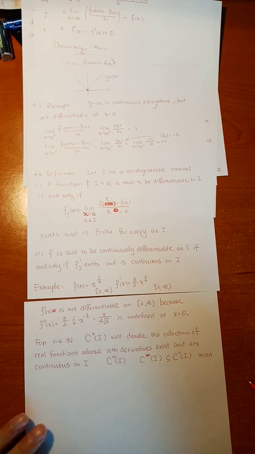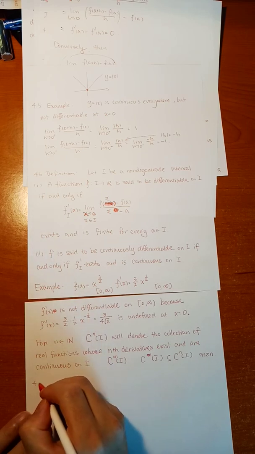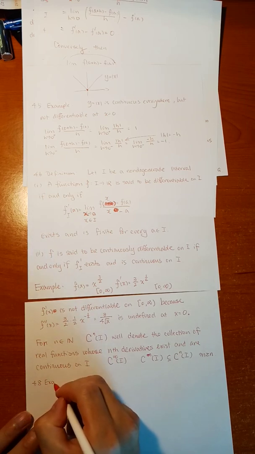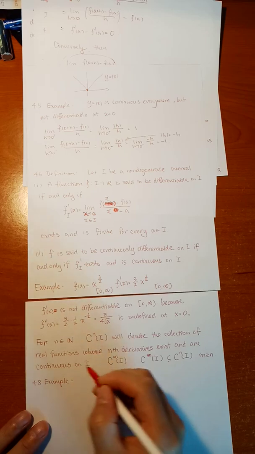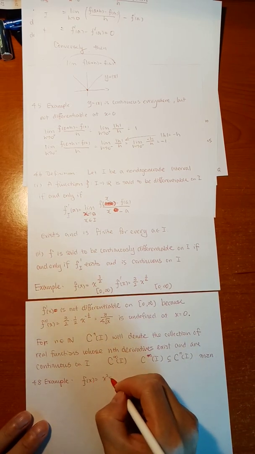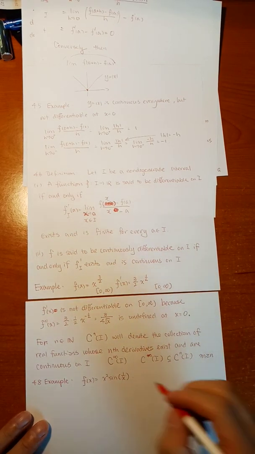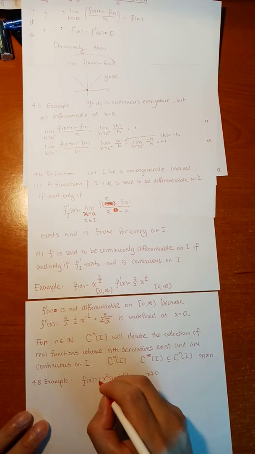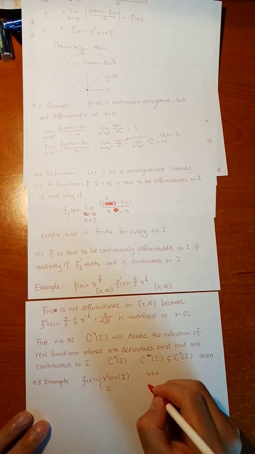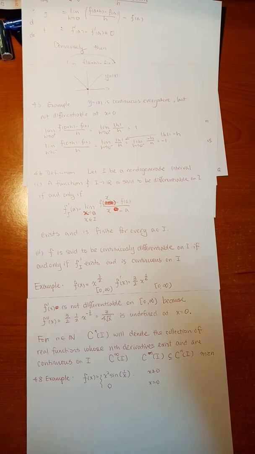Okay, so let's see the example. The example is the following. We have f(x) equal to x squared sine 1 over x for x not equal to 0. If x is equal to 0, by the squeeze theorem, we can show that this has to be 0.